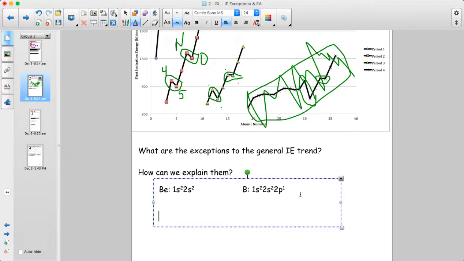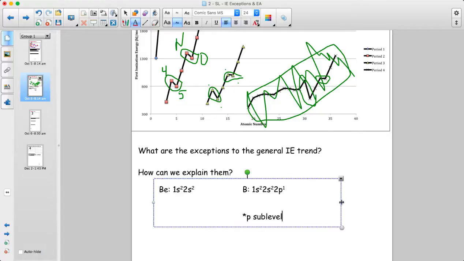Now, if you think about what's different about them, in boron, we have an electron in a brand new sublevel. This is the first time that there's been any p electrons in any atom. Boron's the first one to have a p electron. And so the p orbitals, or the p sublevel, as we can call it, all three p orbitals together is called the p sublevel.